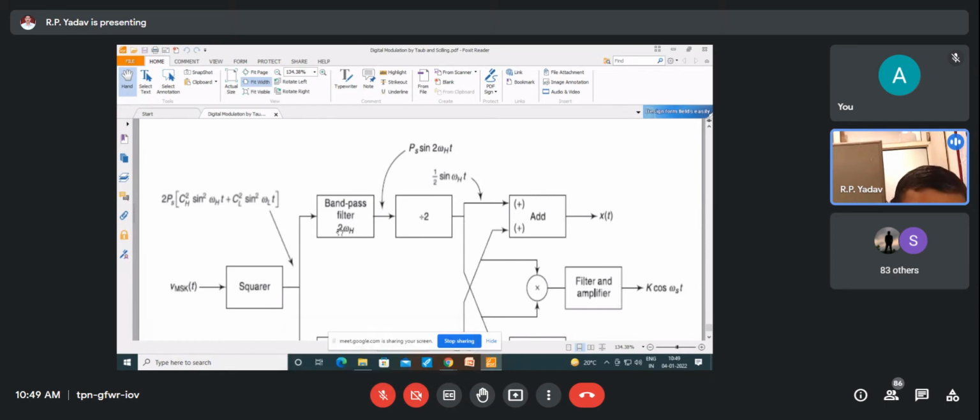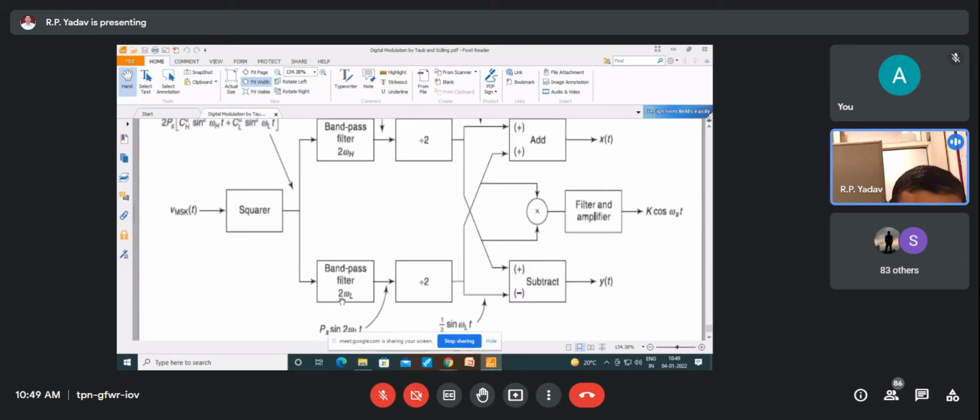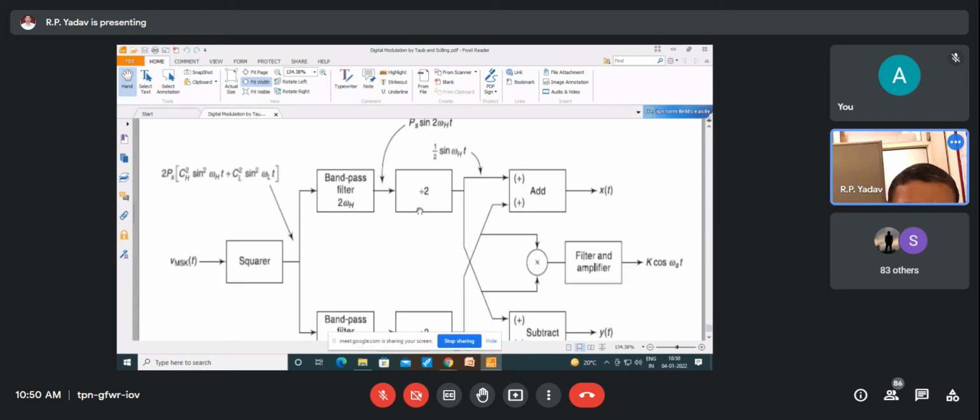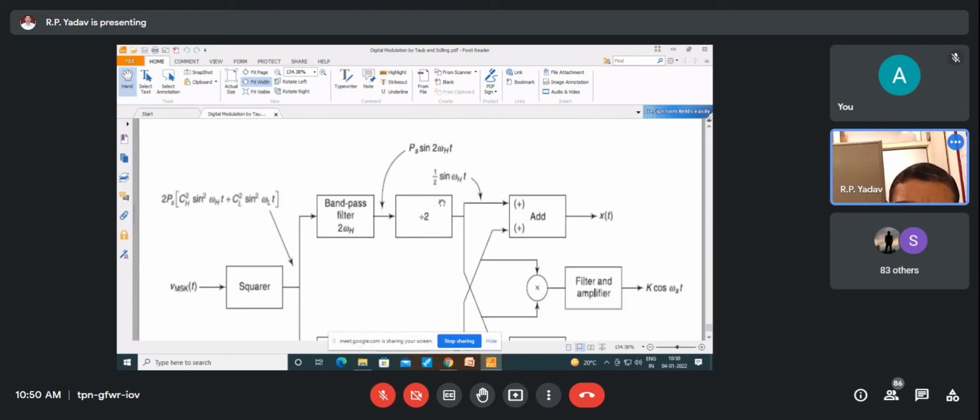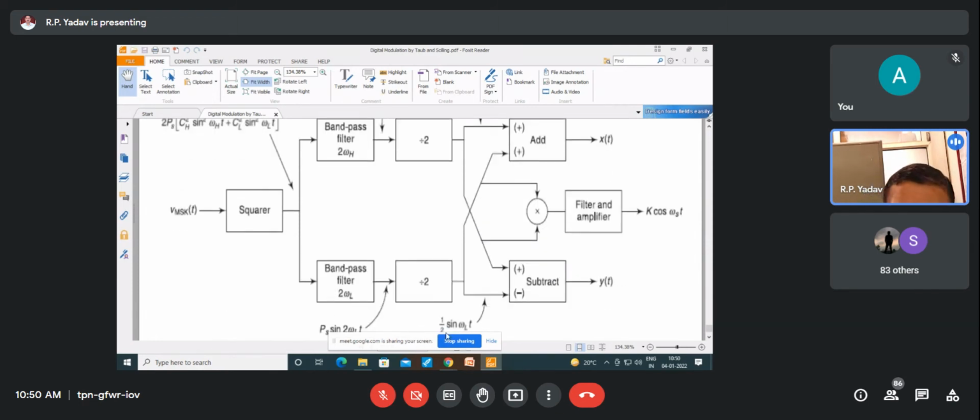I again pass it to a band pass filter which is centered around 2 omega h, divide by 2, and what I get essentially, look here, this output here is sin 2 omega h t, and if I divide it by 2, this becomes 1/2 sin omega h t here. Similarly here, if I divide it by 2, I get essentially half omega l t.